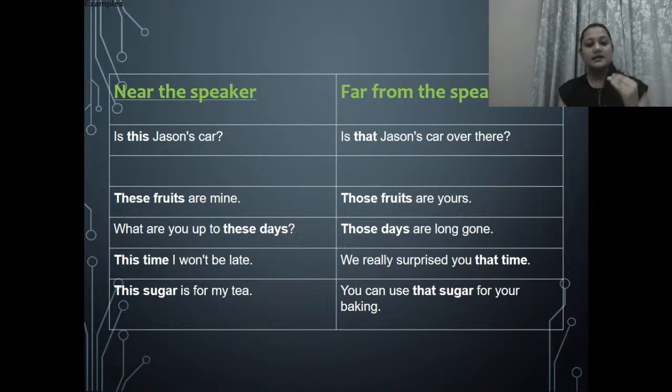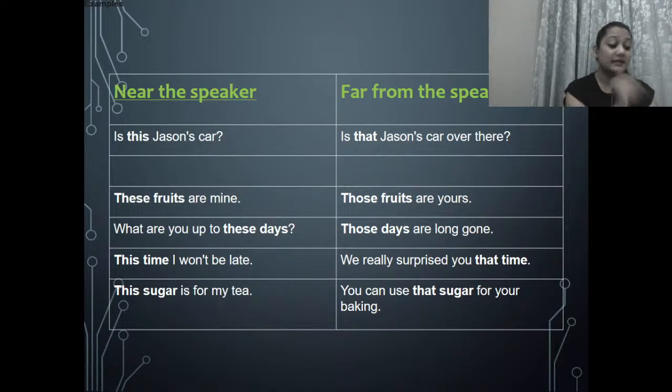Are we getting it? When something is very close to me, I will say "this". But when it is far, I will say "that". Clear? Take an example. These fruits are mine: something lying very close to me, almost next to me.